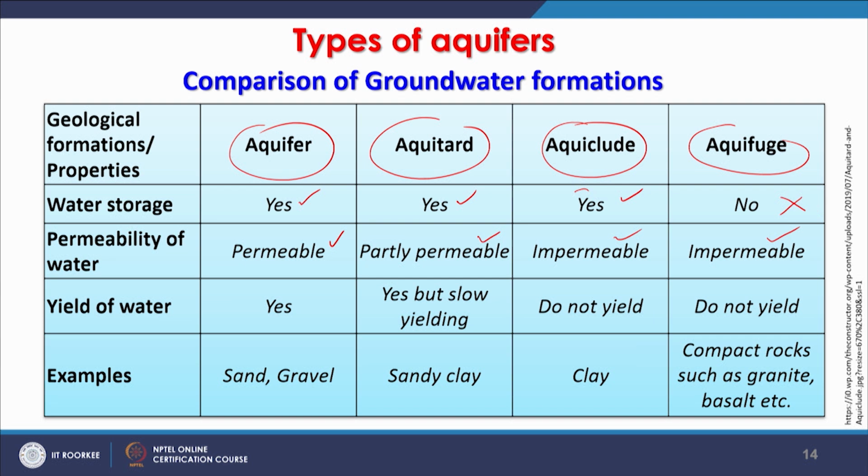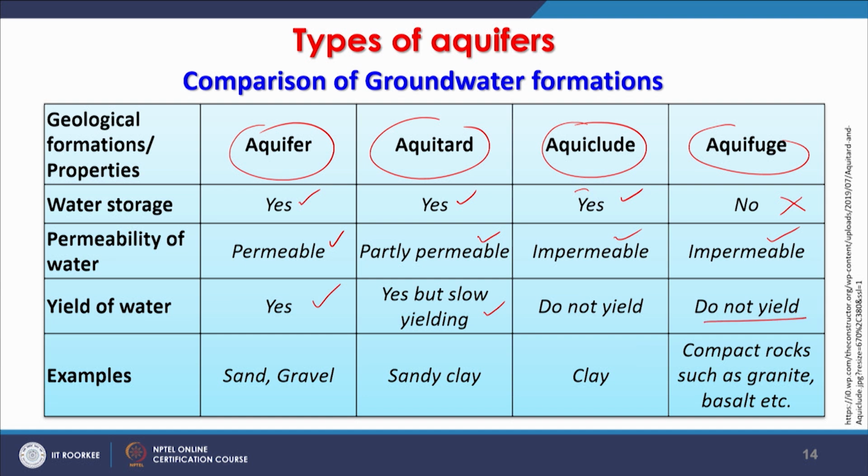Yield of water: the best situation is the aquifer, where water can be withdrawn, good yield means good output from a tube well can come. Aquitard is slow yielding. So you withdraw water for some time, leave the well, and then after a few hours or maybe next day you withdraw the water. These are the solutions in case one encounters an aquitard instead of an aquifer. Aquiclude does not yield, will not give you water, and of course aquifuges no.